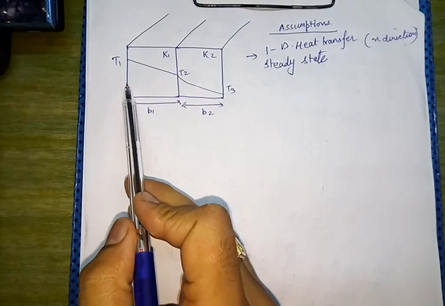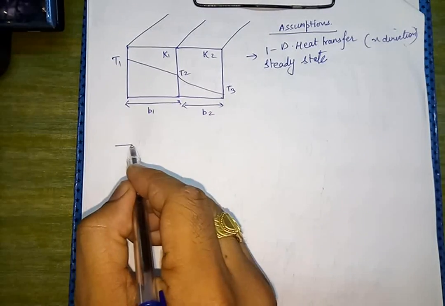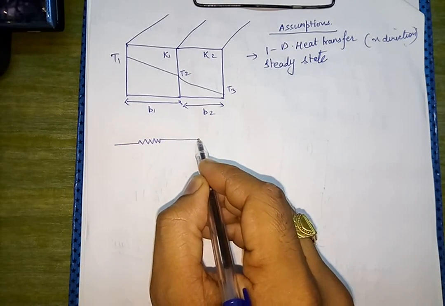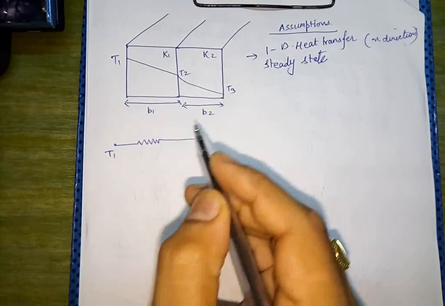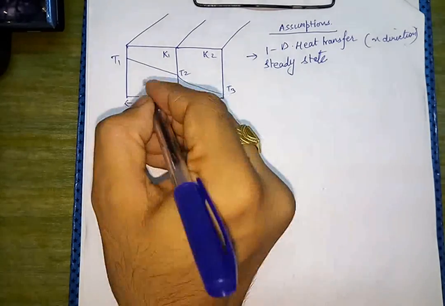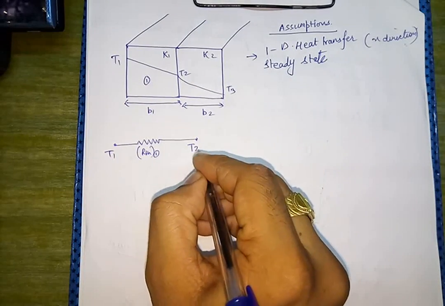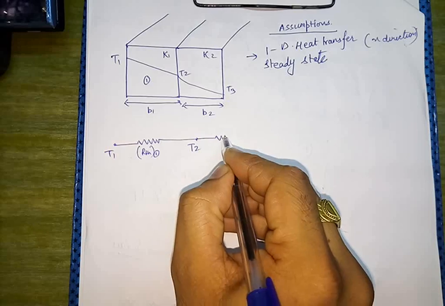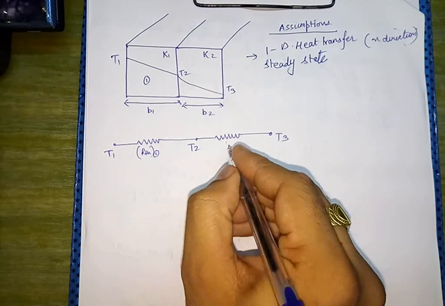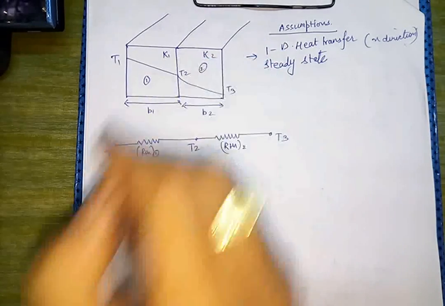Now if we draw the electrical resistance circuit for this type of diagram, this will be temperature T1, this will be the RTH corresponding to slab 1, then this will be temperature T2, and then we have another resistance, and then temperature T3, and this resistance will be RTH corresponding to slab 2.